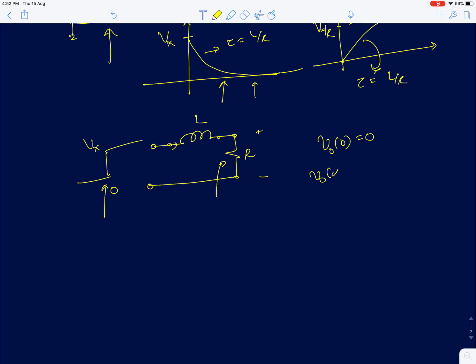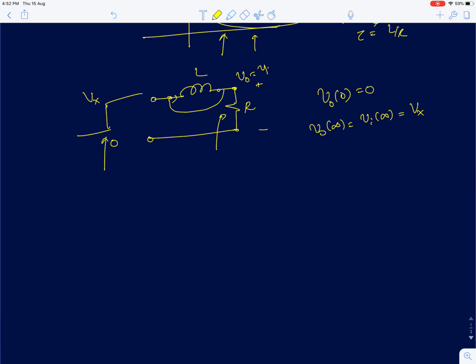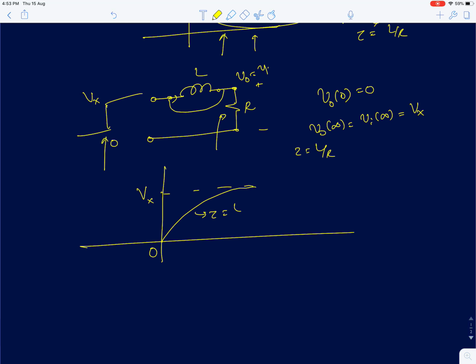And in the steady state, the inductor will behave like a short circuit, so Vi will be equal to V0. So Vi of infinity will be equal to V0 of infinity, which is Vx. The time constant is L upon R. So again, this is a standard predicted response. You are going to have the output rising from 0 to Vx with a time constant of L by R.